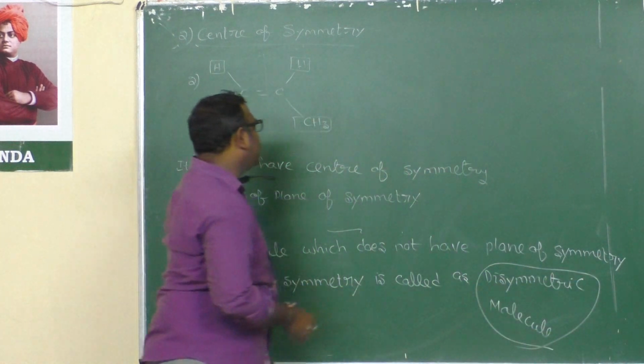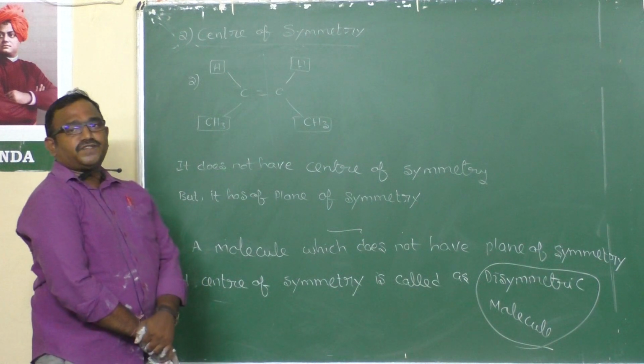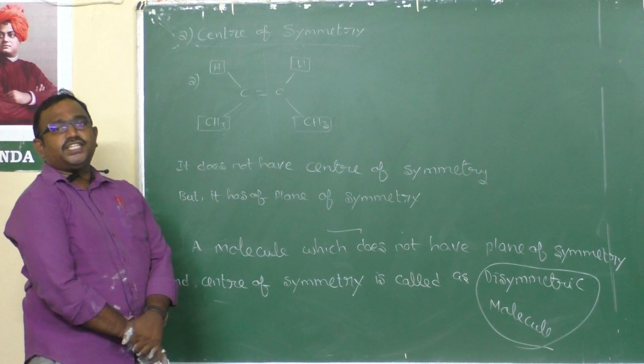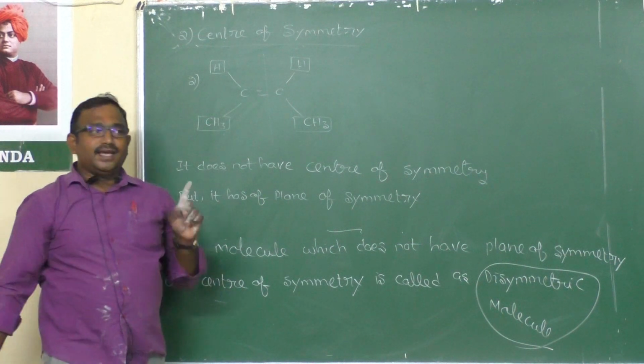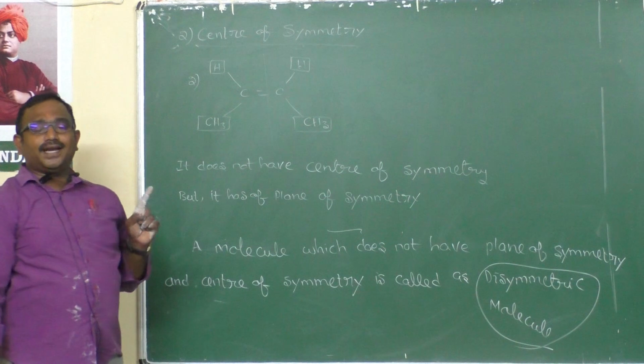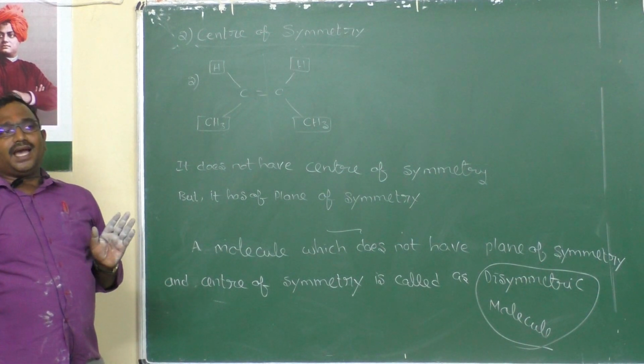Disymmetrical molecule means a molecule which doesn't have a plane of symmetry and center of symmetry. Generally, a chiral carbon, disymmetrical molecules will show optical activity.